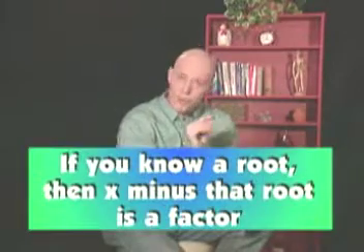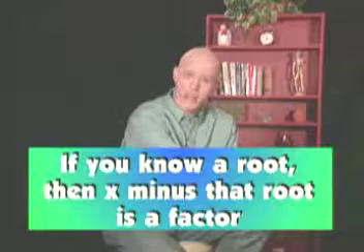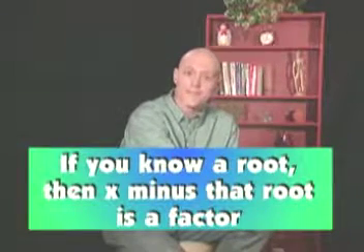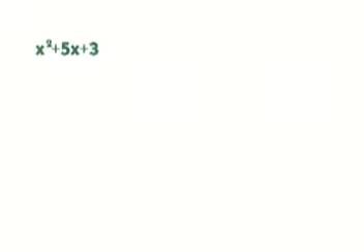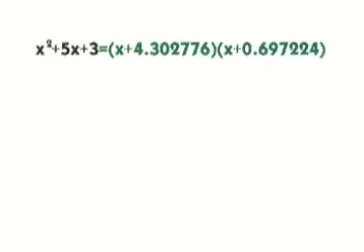Oh, and by the way, these roots can now be used to factor the original equation. As we saw, if you know a root, then x minus that root is a factor. In this case, we have as an approximation x squared plus 5x plus 3 equals x plus 4.302776 times x plus 0.697224.